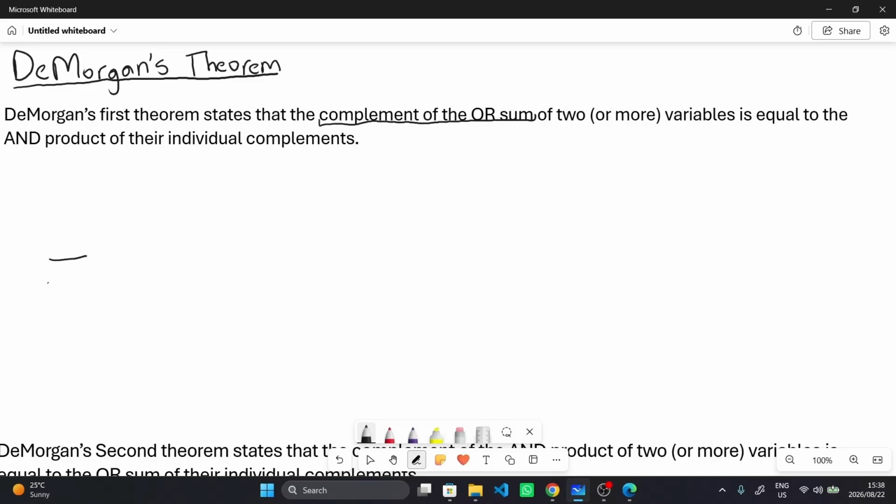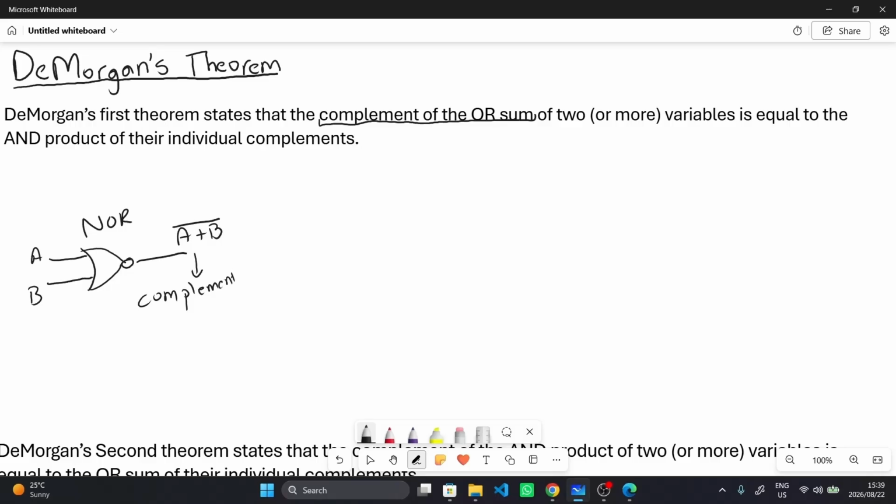You have your OR gate, right? And to get the complement, you put that circle. So this becomes a NOR gate, right? Then you have your A and B, and then we call this A plus B not, or complement of A plus B.